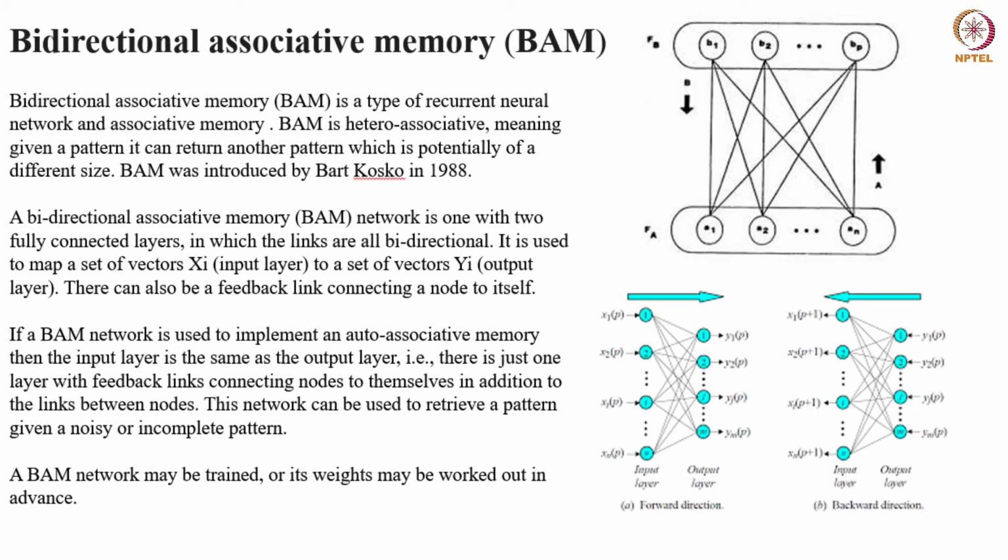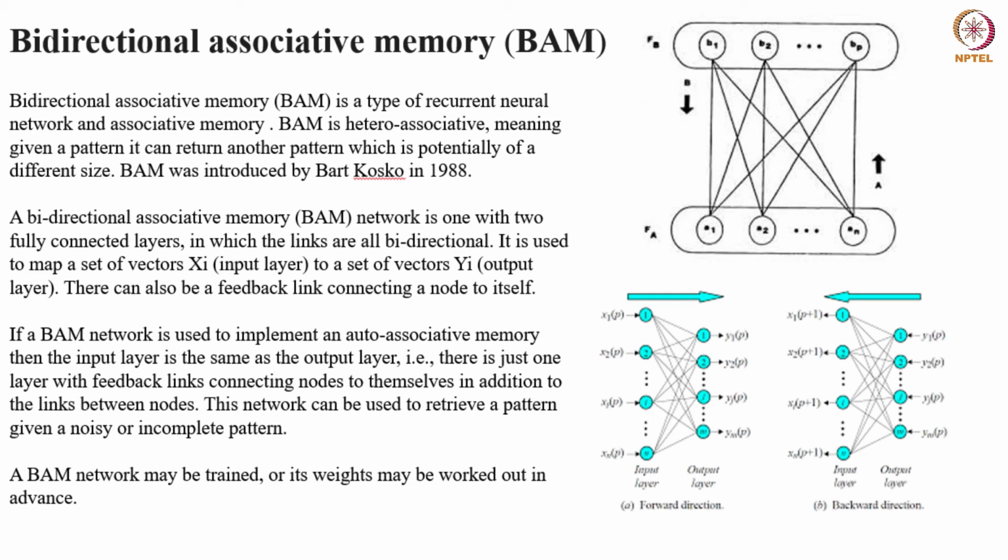So you enter a partial description, and you can get the full one, but of the same format-wise kind of object. While in hetero-associative memory, and BAM is an instance of that, you can actually retrieve totally different patterns.